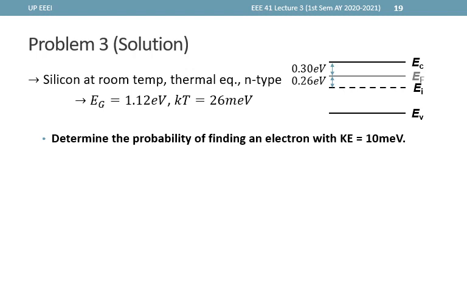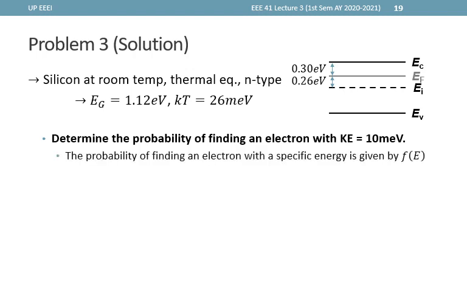So the next question: determine the probability of finding an electron with kinetic energy of 10 milli-electron volts. The first thing we have to note is that a probability was mentioned, so we should be using the Fermi function somewhere in our solution.